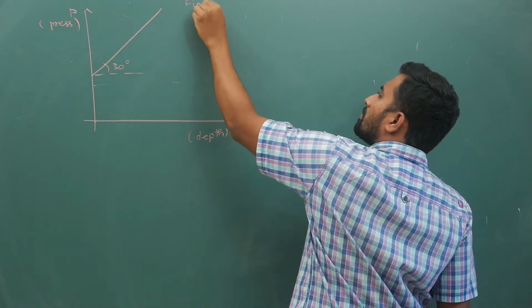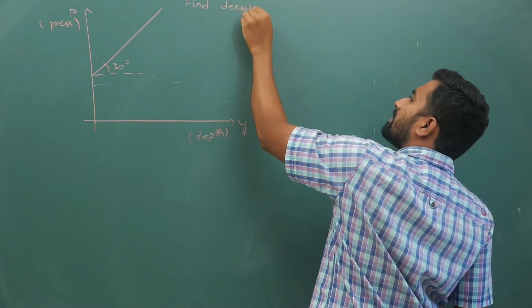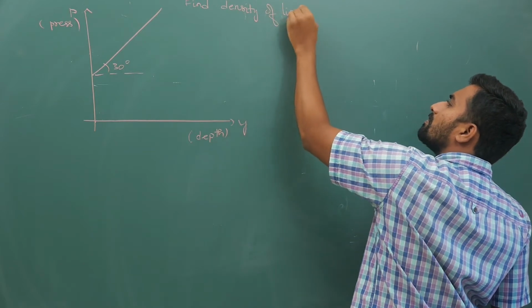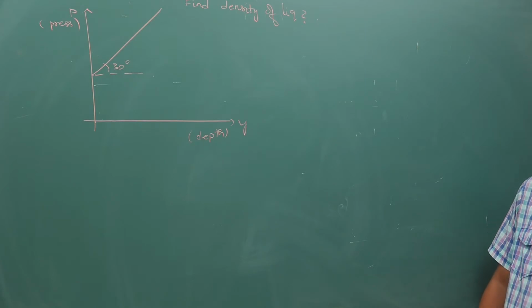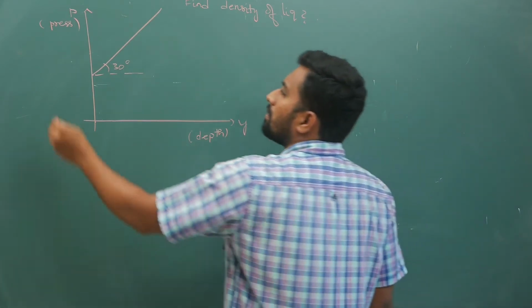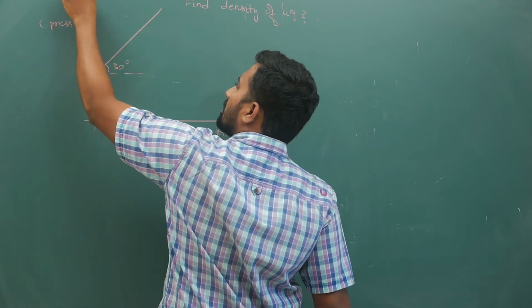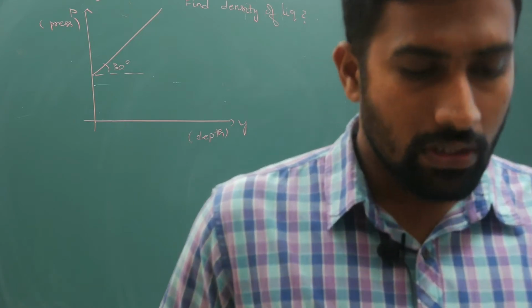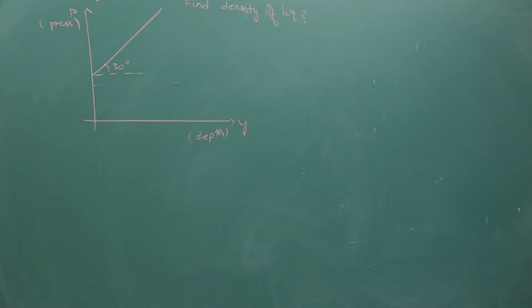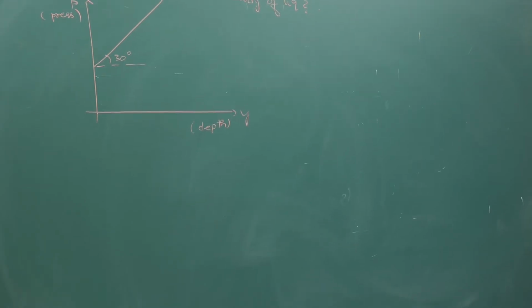The question is to find the density of the liquid. Pressure of a liquid varies with depth in this manner, and you are supposed to give the density of the liquid as the answer.